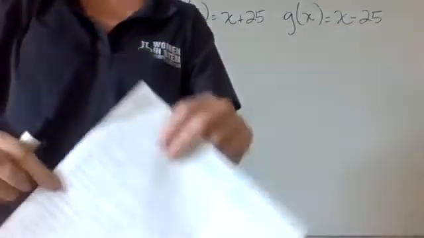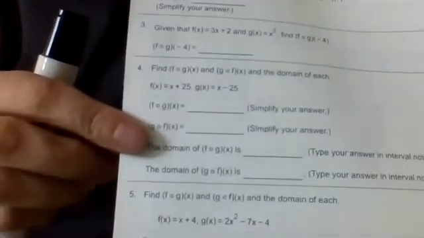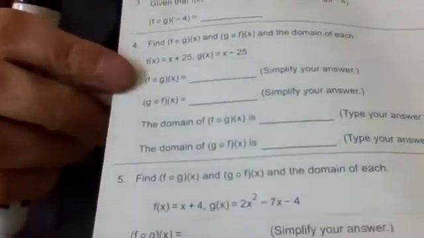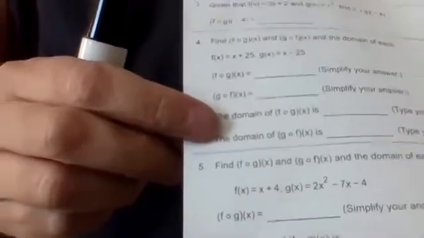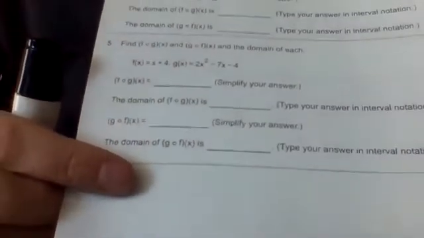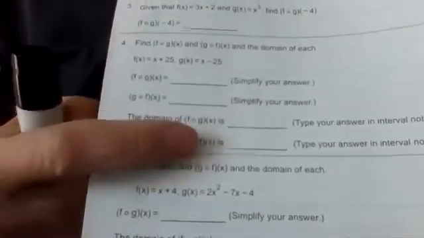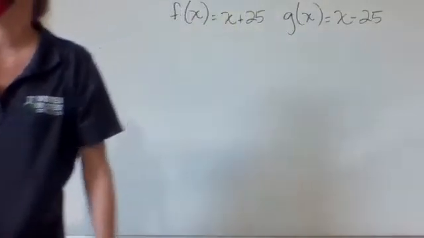Now, if you'll notice on this one, it wants us to find it both ways. It wants us to find f of g of x, and then it wants us to find g of f of x. And then below it, you will see that once you've done that, it's going to want you to find the domain of your answers.